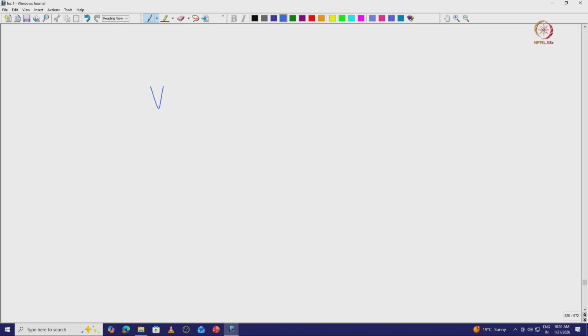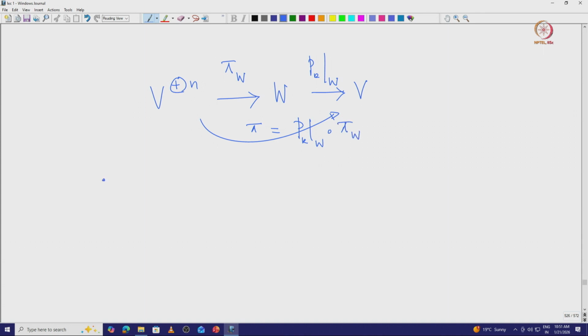So, now if we use that, then what happens? You have this map from V direct sum n to W, and then you have this projection restricted to W. So, you take Pk restricted to W and then look at this pi W. Now, look at the composition, call it pi. What is pi? Pi is the composition: you first take this Pk restricted to W composed with pi W. So, what are the properties of this pi?